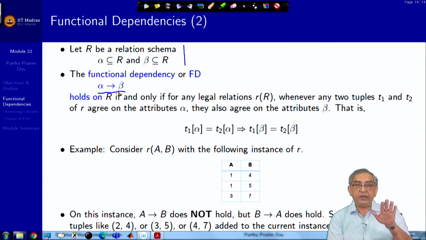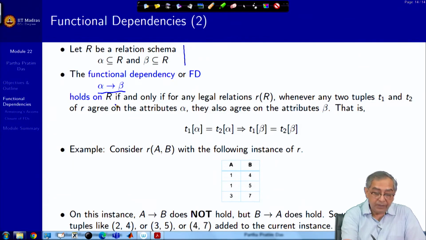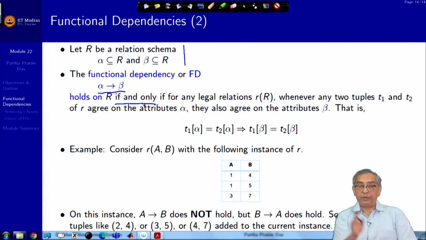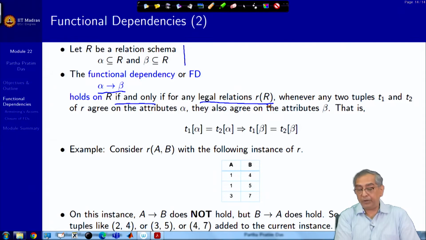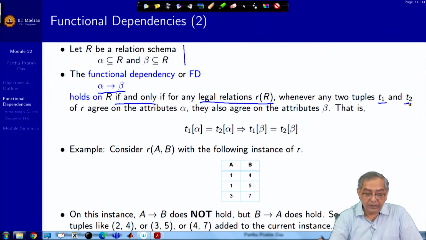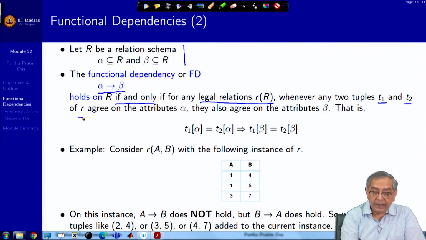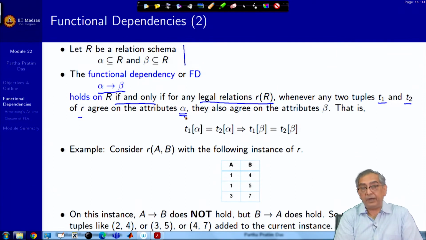This will hold on the relation R if and only if, right, both ways, for any legal instance of the schema R, which we denote as small r, whenever two tuples T1 and T2 of R agree on the attribute set alpha, they must agree on the attribute set beta.